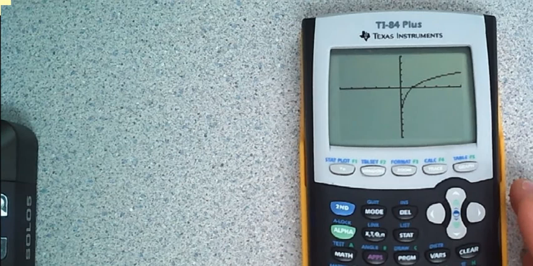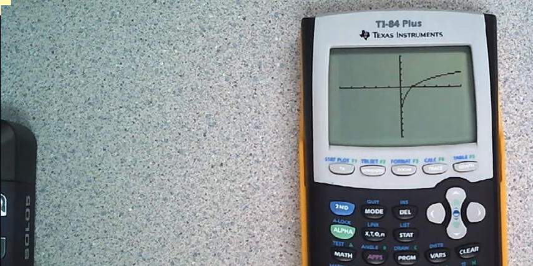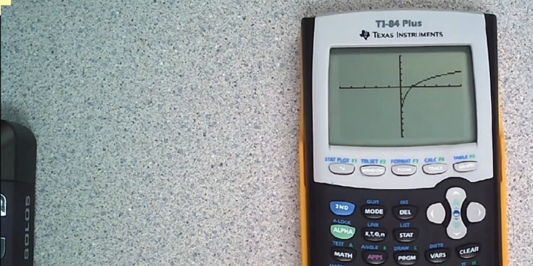Now notice that the asymptote is the y-axis. Everybody see that clearly? It should be the same on your graph. Notice that there is a point on the x-axis that is 1 unit away from the asymptote. That's what I call the shift point. Notice how our curve is going through that shift point.